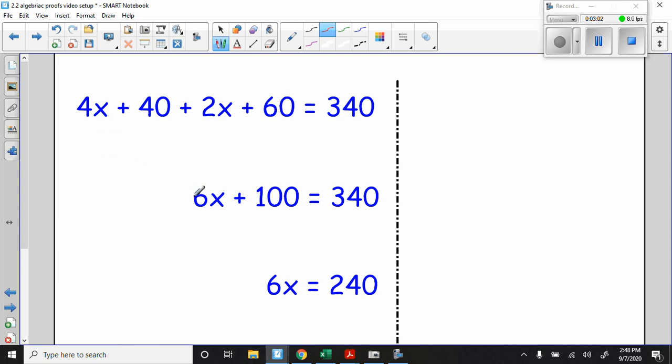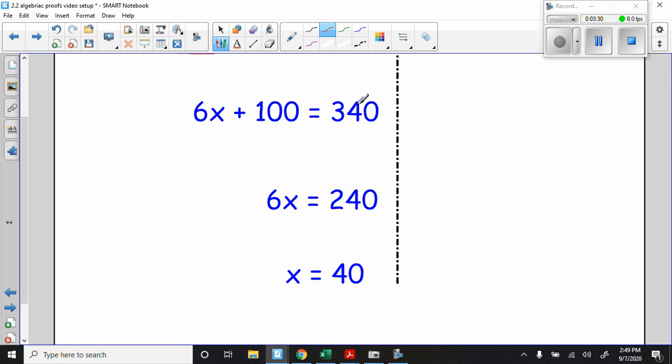Here's my second step. So how did I get to this second step? The red marker I'm about to put on the screen is showing our work. What I did was combine these like terms and these like terms to get to this. So that was my first step.